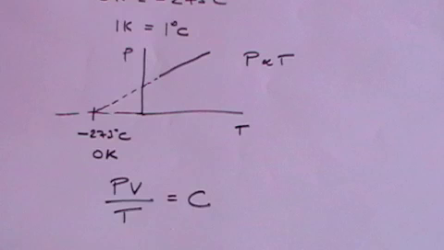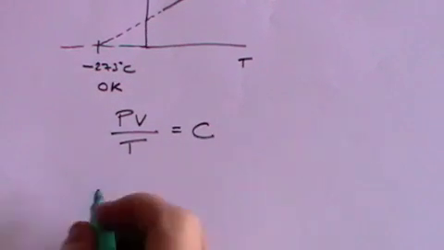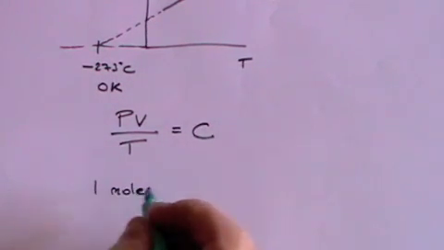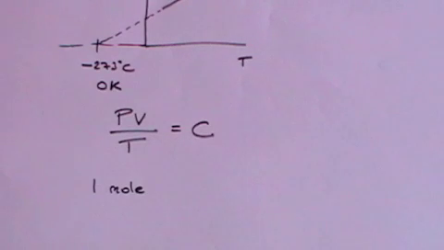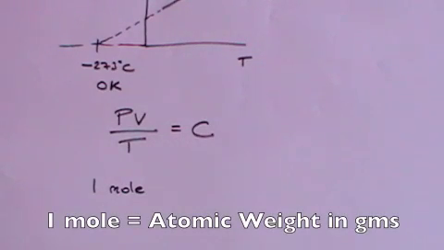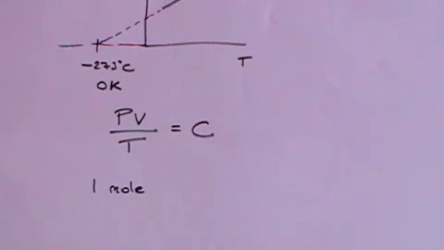But that constant is obviously going to depend on how much gas you actually have. So let's consider 1 mole of a gas. Now, a mole is simply the atomic weight of the gas expressed in grams. So for example, hydrogen, the atomic weight is 1, so 1 mole of hydrogen is 1 gram of gas.